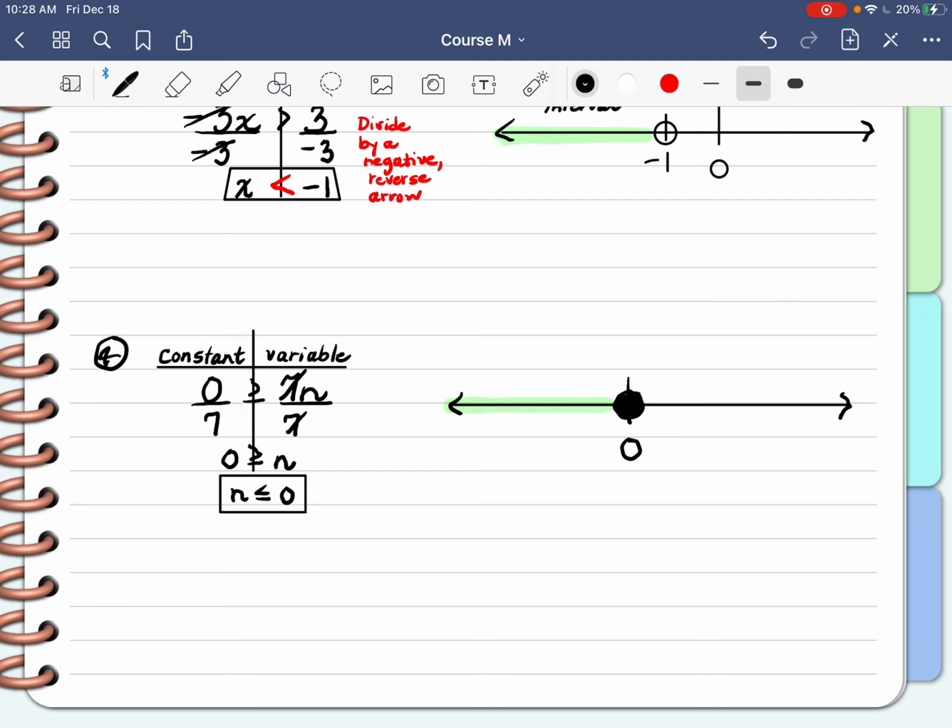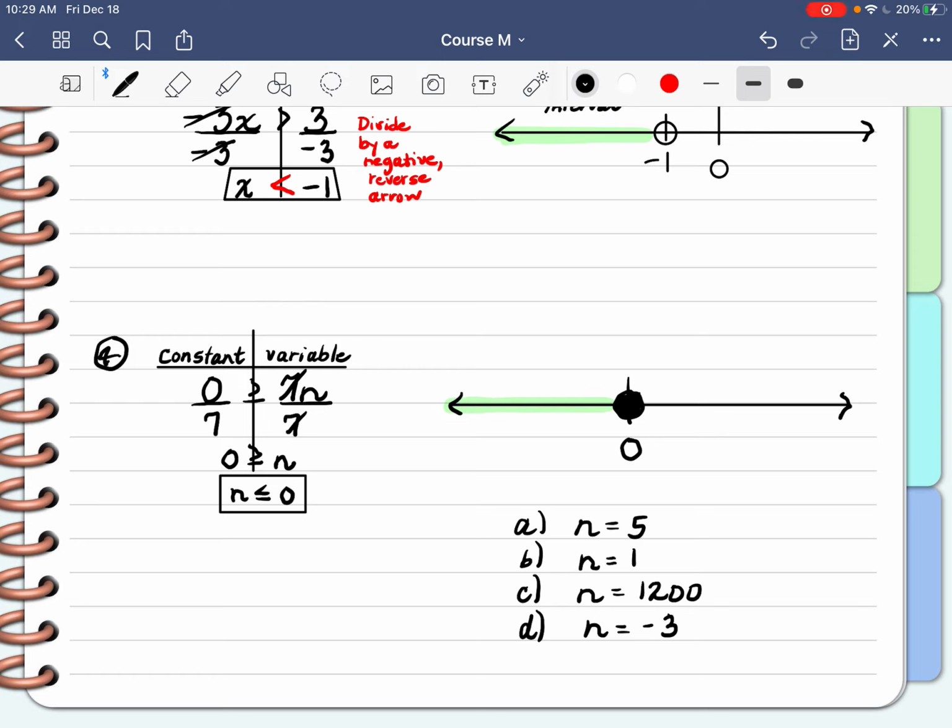Let me just show you something here. If these were your multiple choice answers, let's do 4 of them. Let's say n is 5, n is 1, n is 1200, or n is -3.